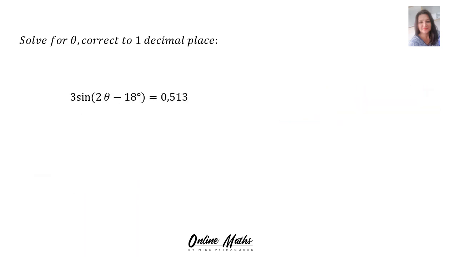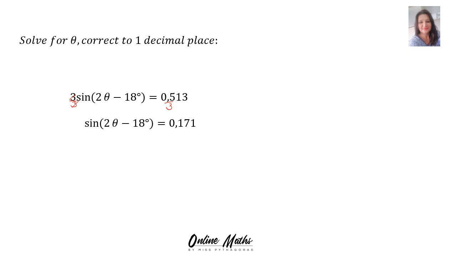Solve for theta correct to 1 decimal place. Now what's wrong with this sum is the 3 in front of the sin. So first of all, I will get rid of the 3 by dividing both sides by 3. And then I'm left on the left hand side with sin bracket 2 theta minus 18 degrees equals, and that 0,513 divided by 3 is 0,171.